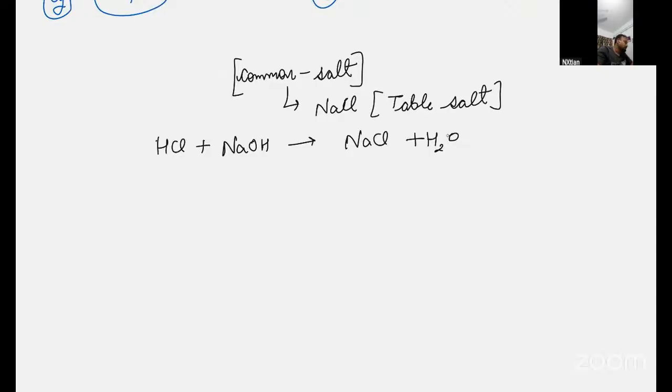Common salt is formed by the combination of hydrochloric acid and sodium hydroxide solution.